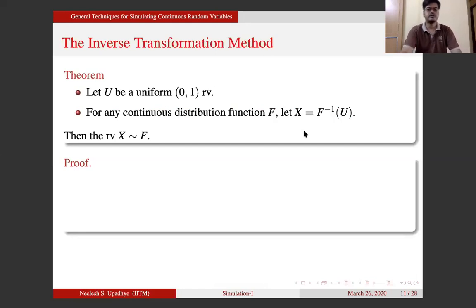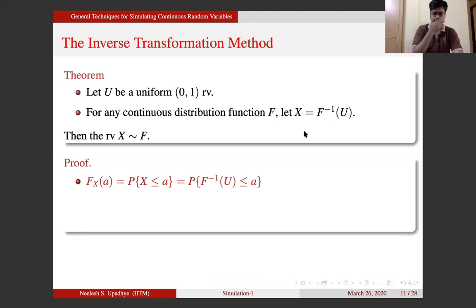That is, first you start with F. If X had some distribution, call it F_X of a, which is the probability of X less than or equal to a, where a can be any real number.